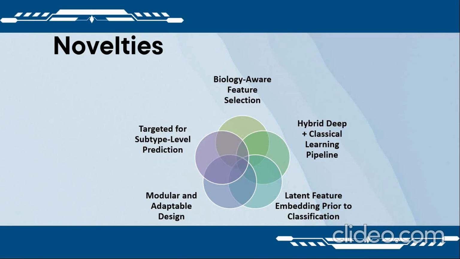We turn noisy data into a clean, meaningful representation before classification. Four, modular and adaptable design. Every stage can evolve for new data, new diseases, and new methods. Five, targeted subtype-level prediction. Not just cancer detection, but exact subtype identification for personalized treatment. So, five novelties, one step closer to precision oncology.